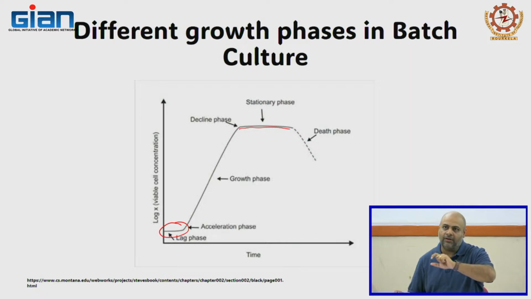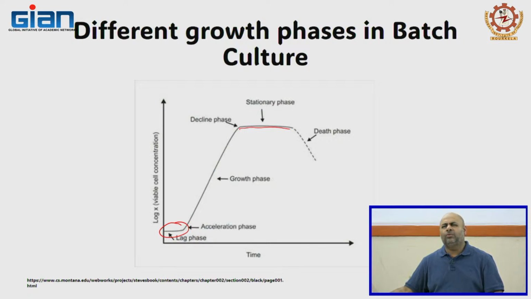Cell catabolism, or endogenous metabolism, starts to take place. I think I have it in the slides, so we'll go there. So this is your cell growth kinetics. We did discuss a bit about your lag, the growth, and the stationary phase.